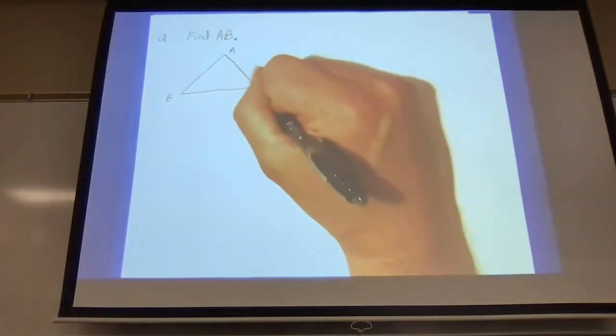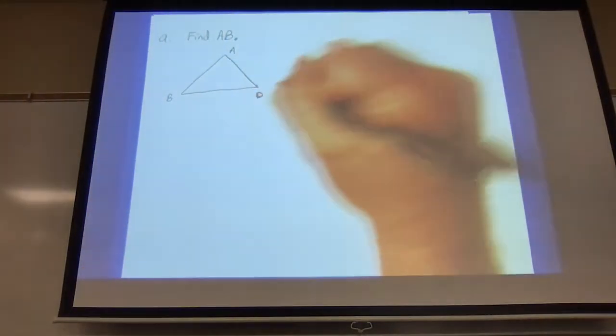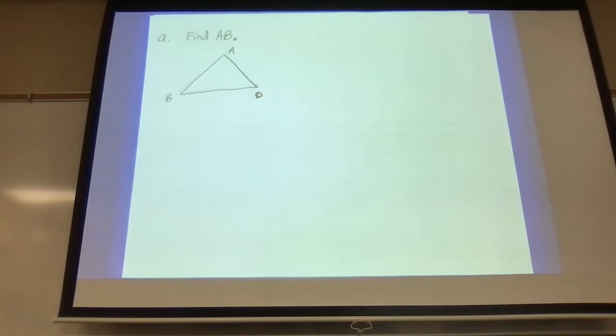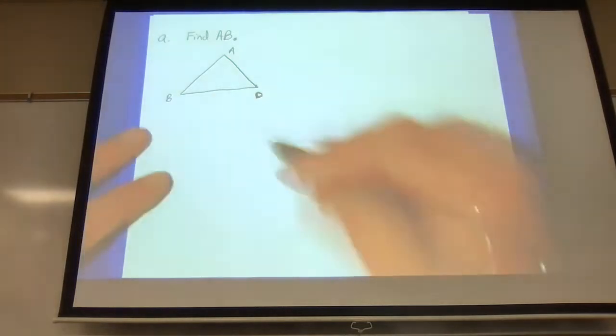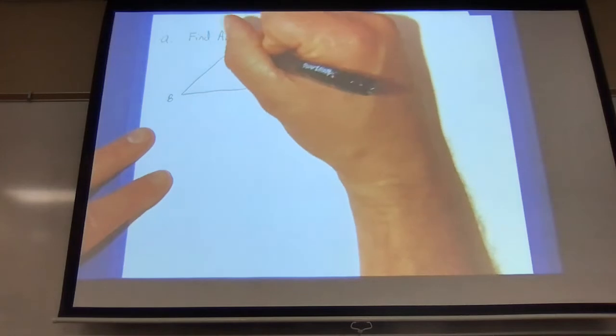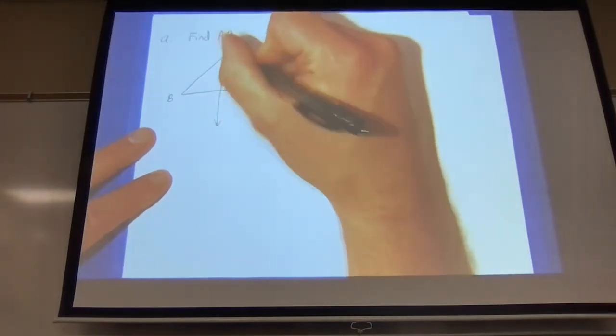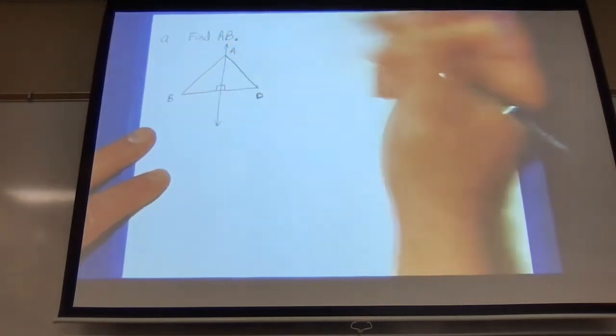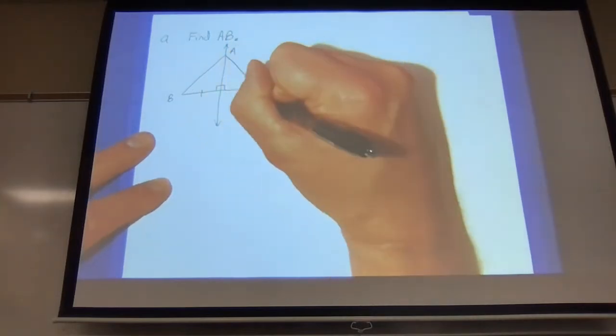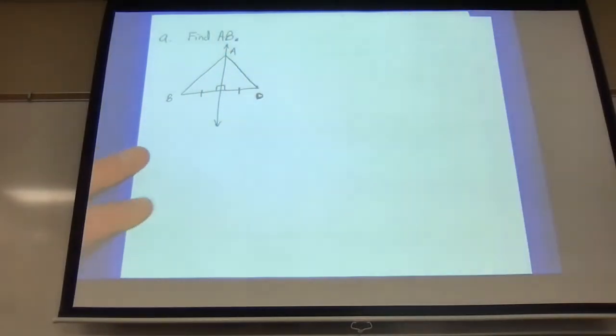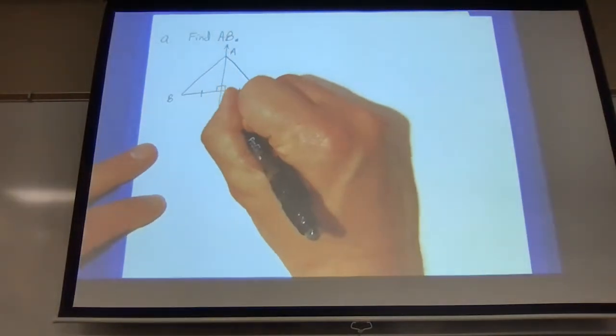Oh, whoops, that's going to be ABD. And then on this one, they're going to draw in the perpendicular bisector. When we draw in that perpendicular bisector, we're going to get right angles here, and we're going to split the bottom side in half. And that midpoint there we're going to call C.